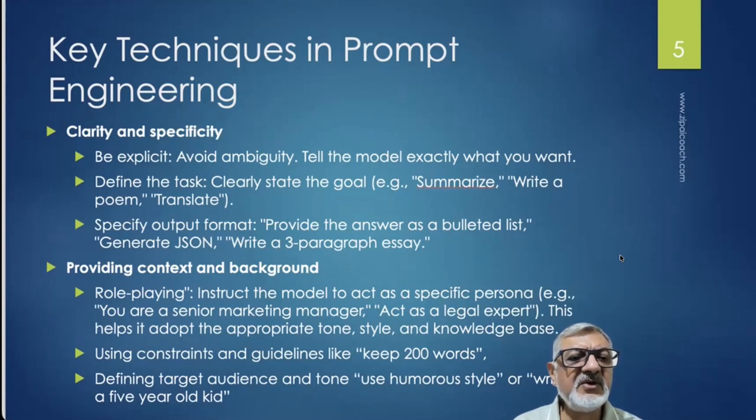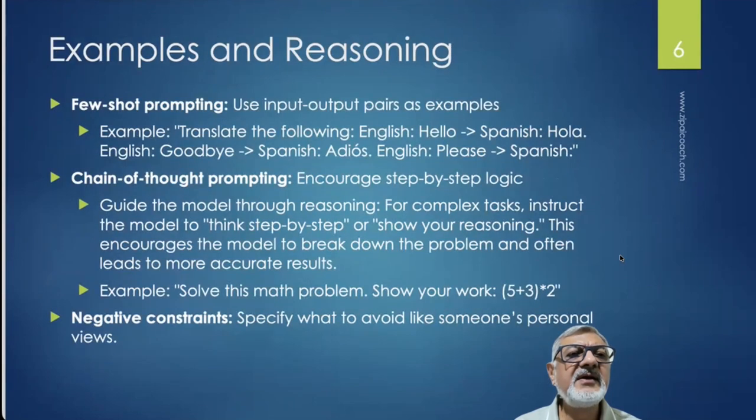So we can specify the roles. We can use constraints like keep only a 200-word response, and the model will create only that much of a response. We can define the target audience and use different styles. The target audience can be a 5-year-old kid, so the model can generate the response for a 5-year-old kid. Examples are very important while prompting.